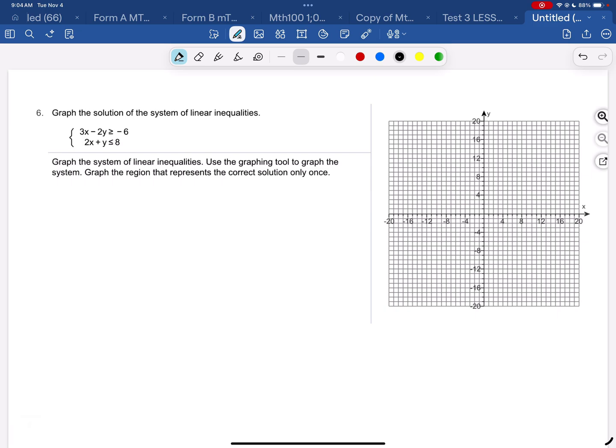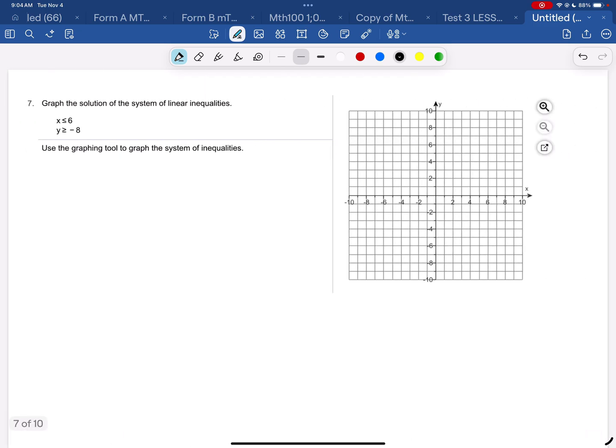So those two are in standard form. So we'll skip that one for now. Let's do this one because, look, we've got a vertical line because it's x only. And we have a horizontal line because it's y only. Okay? So when I look at x equals 6, what that means is that every point on the line has an x of 6.